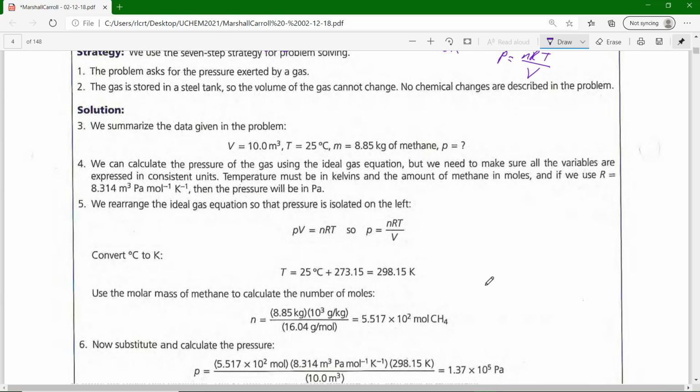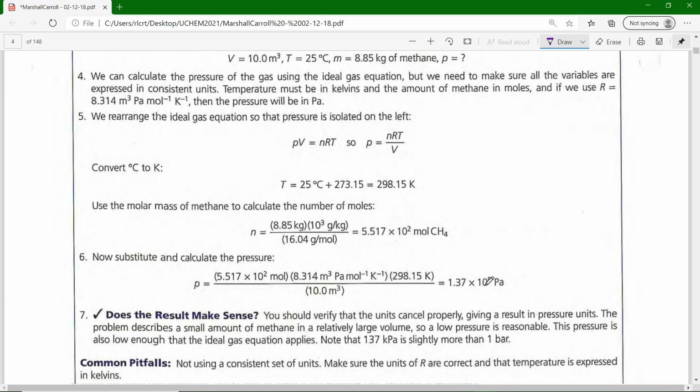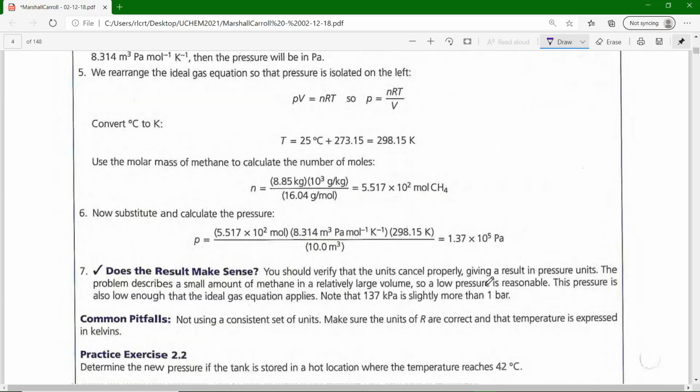And I get a pressure of 1.37 times 10 to the 5 pascals. Verify that the units cancel out. Moles and moles to the minus 1 cancel out. Per Kelvin and Kelvin cancel out. Cubic meters cancel out. So I'm left with units of pascals.